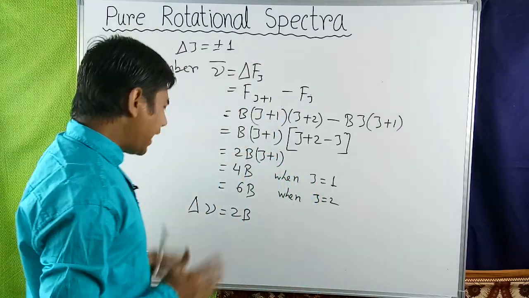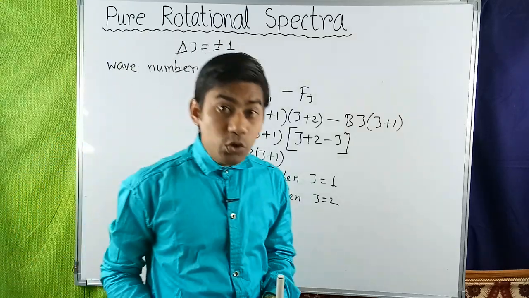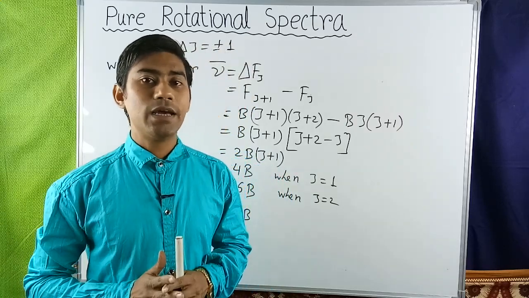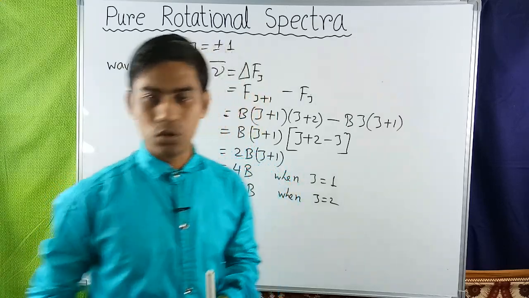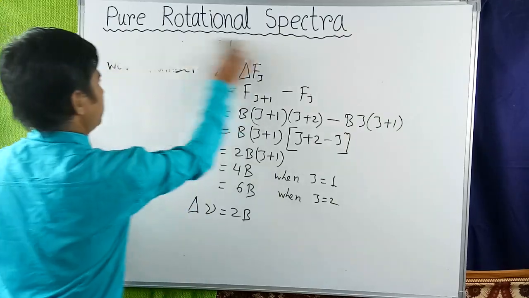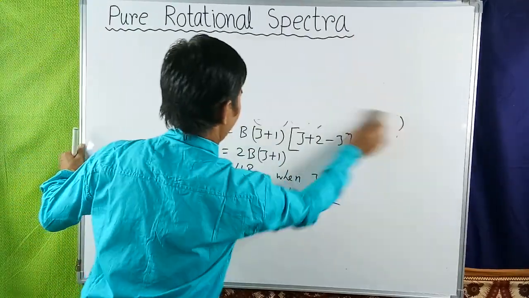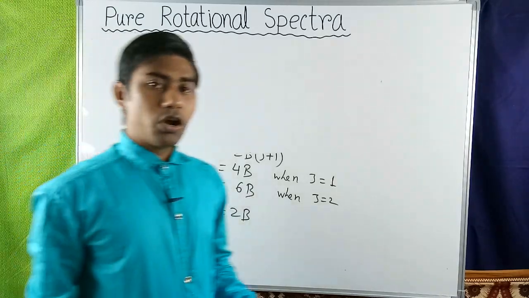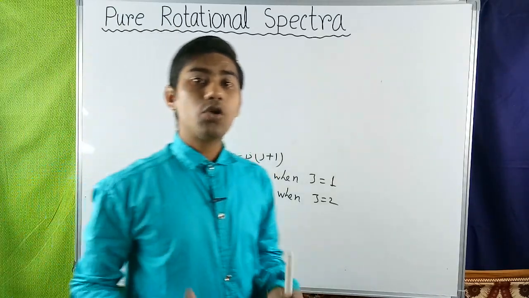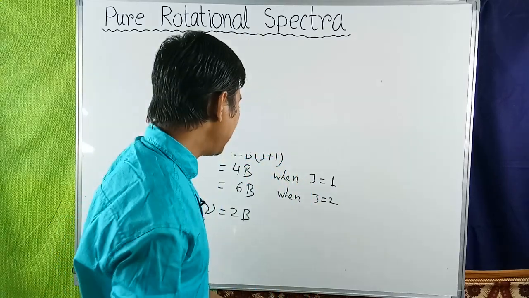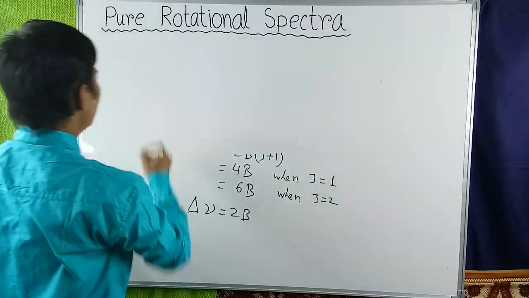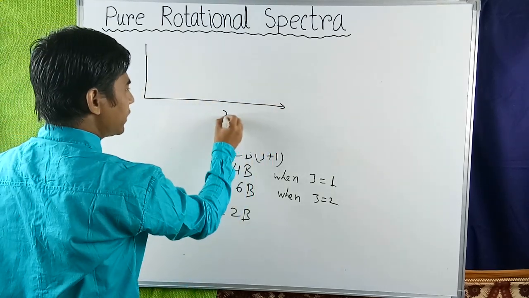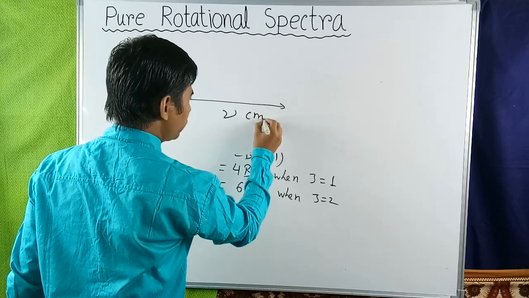Now we draw the equispaced pure rotational absorption spectral lines for the HF molecule. Suppose along this axis we draw nu, that is wave number, in centimeter to the power minus 1.